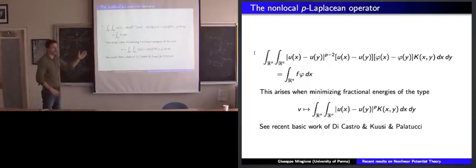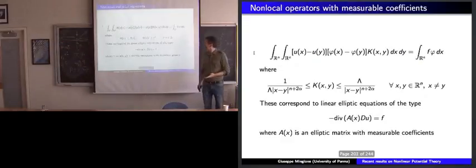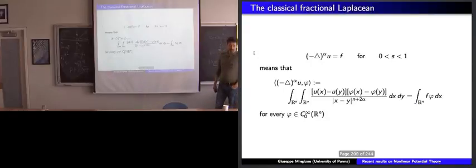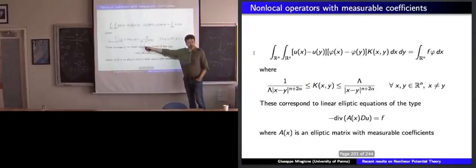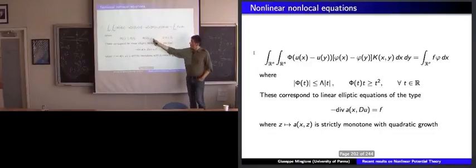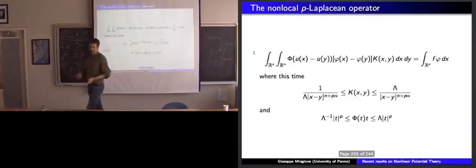Then, okay, these are the kinds of operators I'm going to deal with today. So we started from the classical fractional Laplacian, then you keep linearity, but you put measurable coefficients. Then you don't keep linearity, you put measurable coefficients, and you keep monotone objects, and then you go to p growth, keeping everything together.